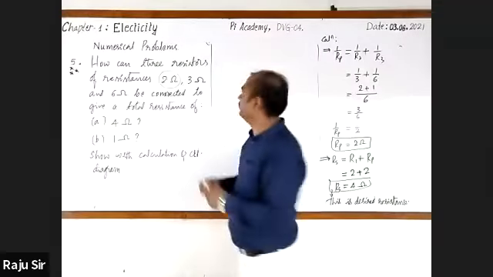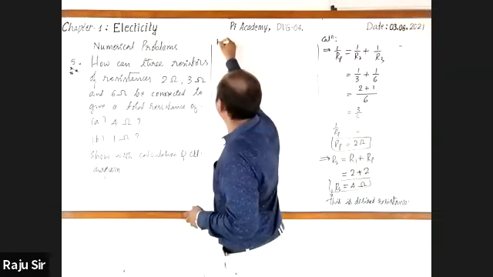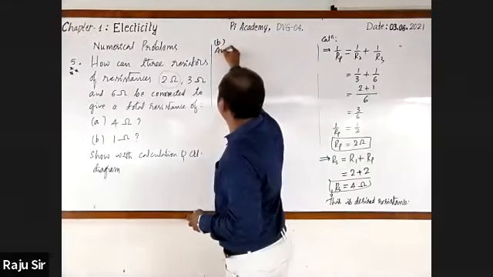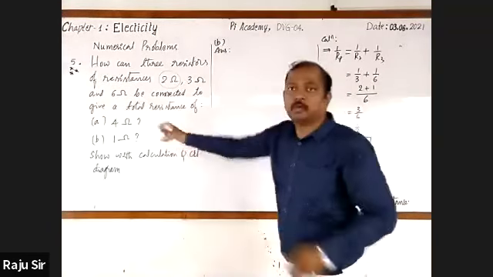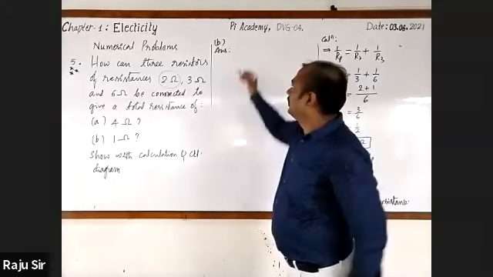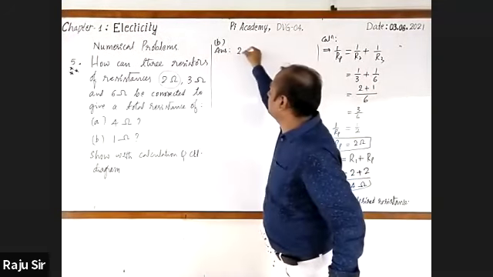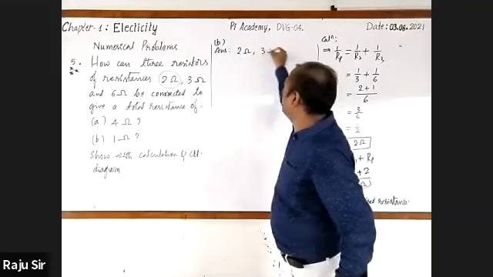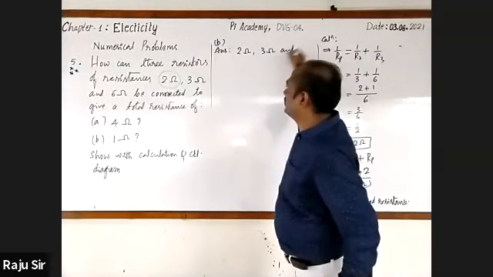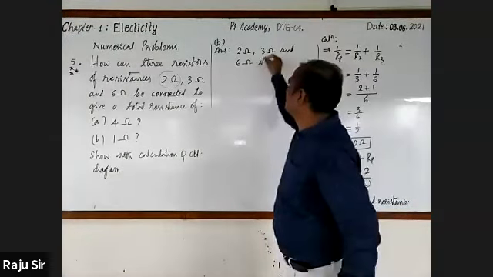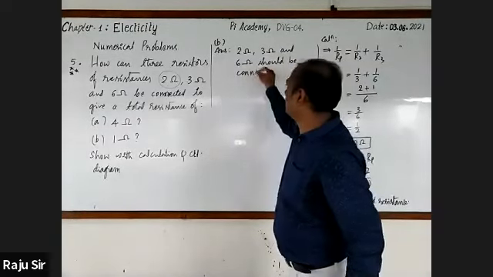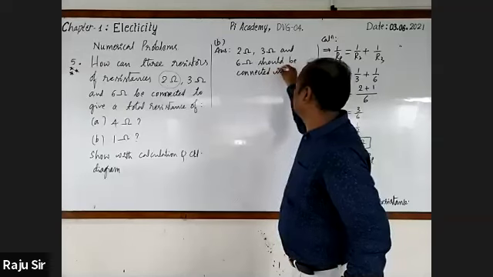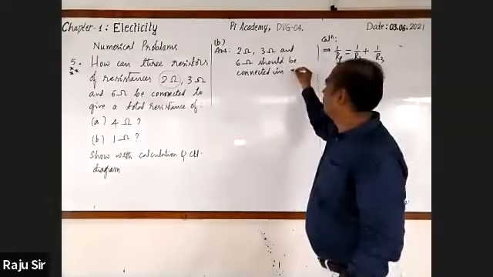For this, first write the answer. 2 ohm, 3 ohm, and 6 ohm should be connected in parallel.